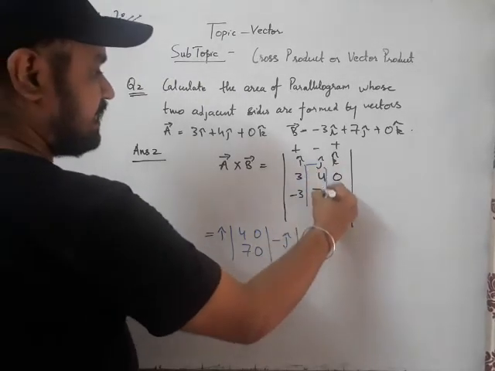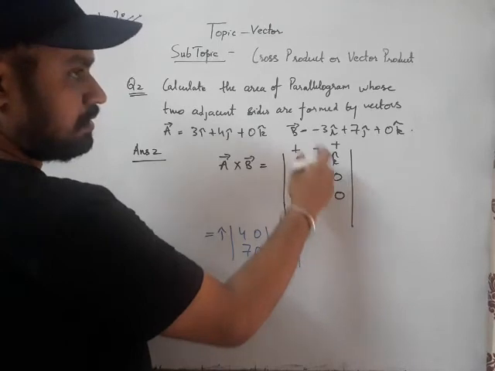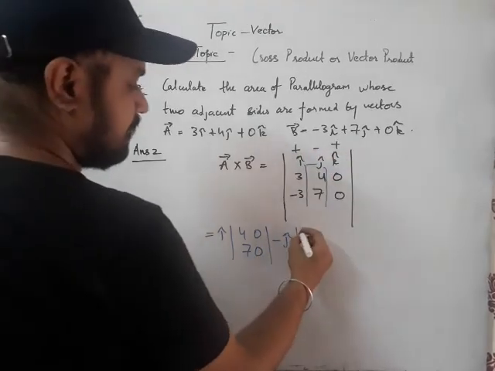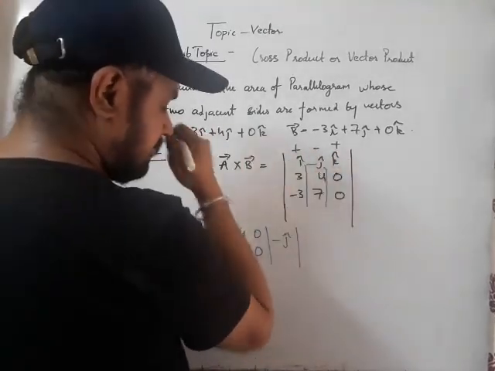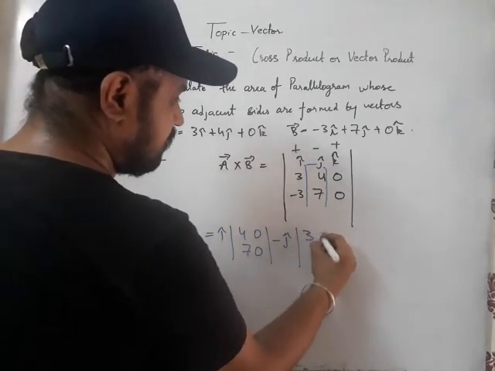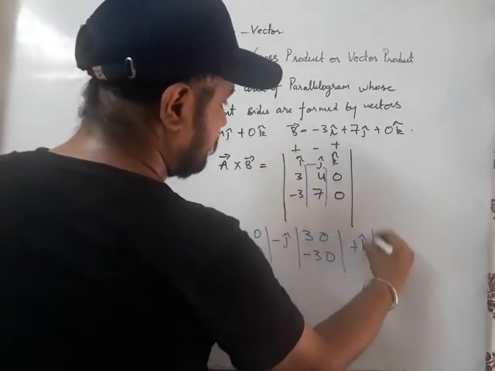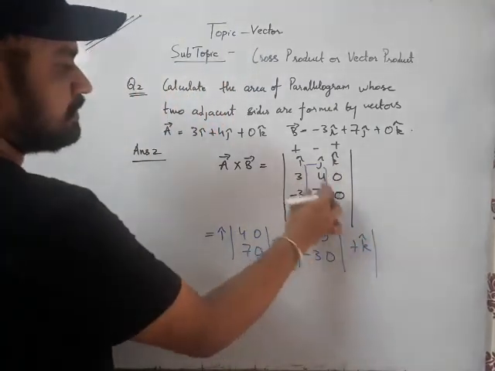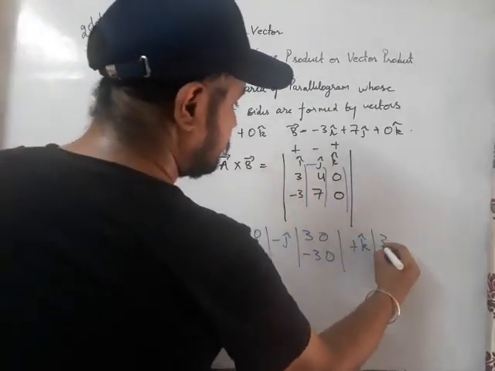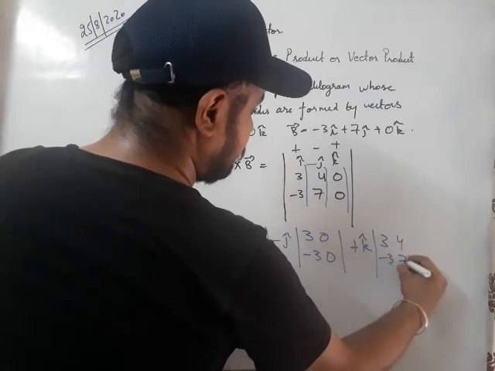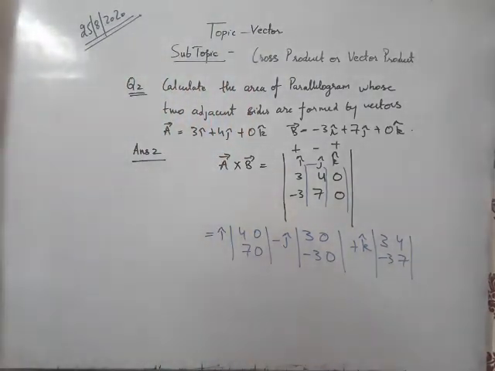What will be left if we neglect j's column and row? This will be 3, 0, minus 3, 0. Plus k cap: neglecting its row and column, we are left with 3, 4, minus 3, 7.